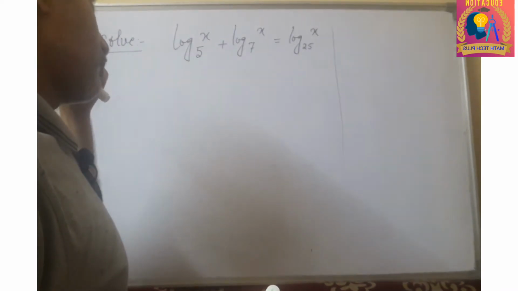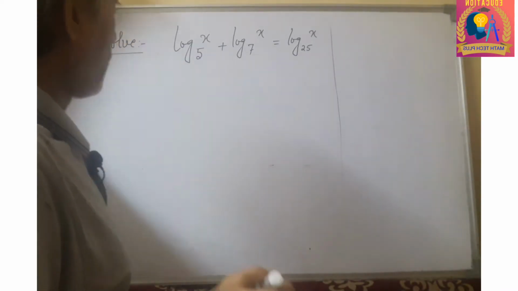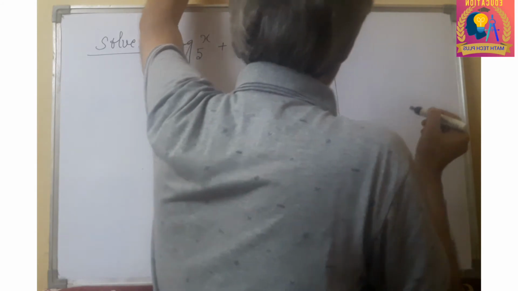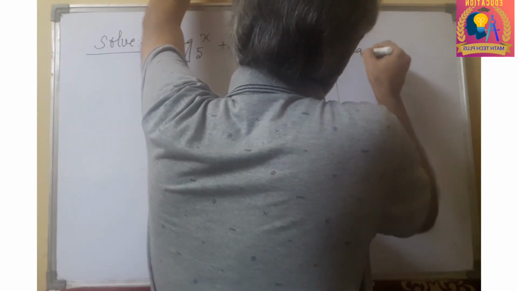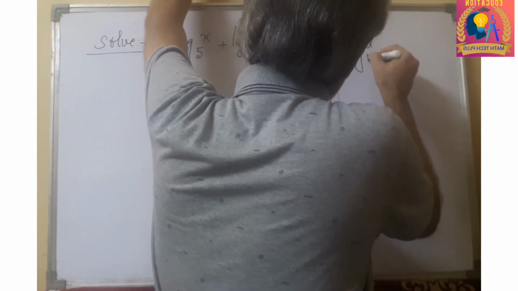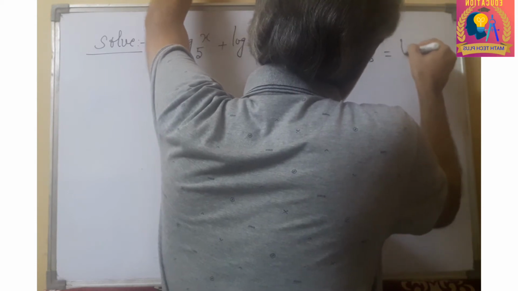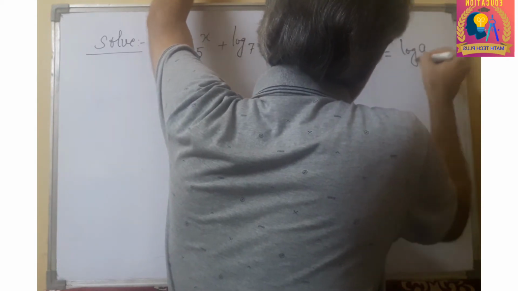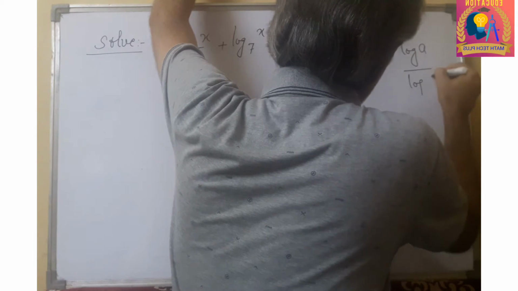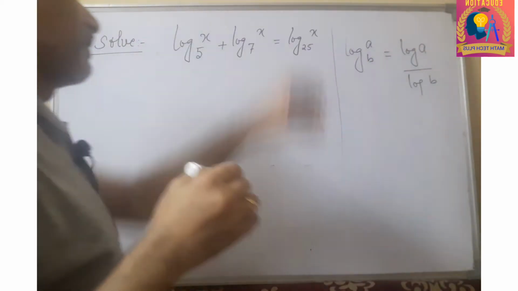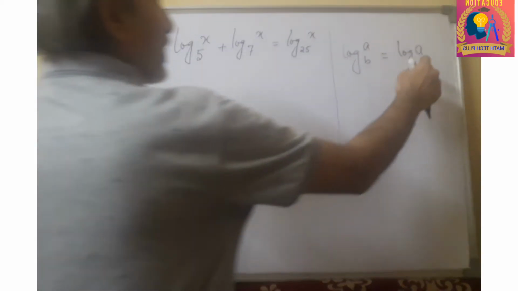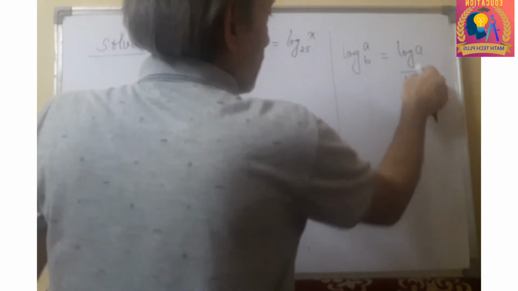So here now I am going to use the logarithmic rule. Log of a to the base b can be written as log of a upon log of b. Base can be taken any number.